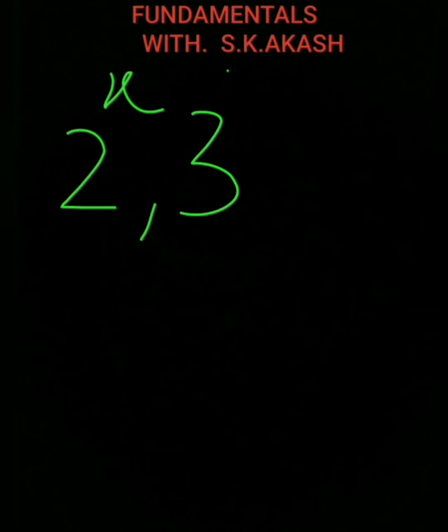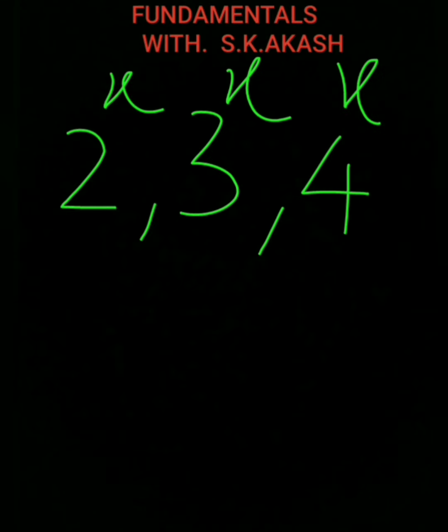Next, another fundamental: 2 power x, 3 power x, 4 power x, etc. Here it is an exponential function. It is always positive. It will never take a negative value.